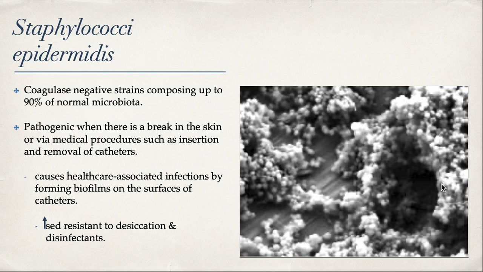These are coagulase negative strains, so they don't clot or agglutinate blood plasma proteins, as compared to Staph aureus. But they become pathogenic when there is a break in the skin or through some surgical procedures, and they are able to have access to the sterile parts of the body, which hitherto they don't have access to.